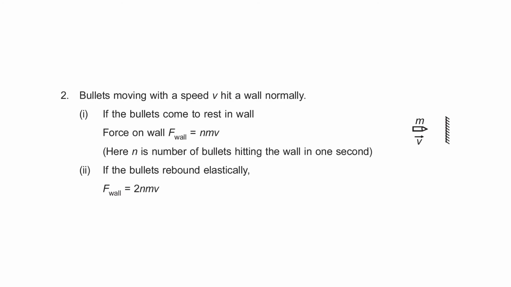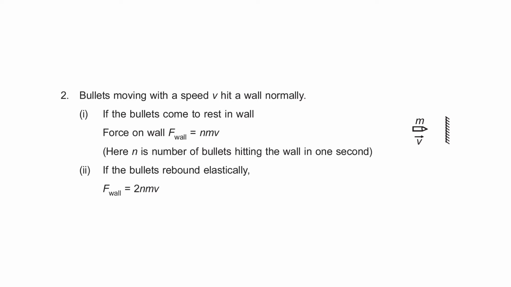Point number 2. Please refer to the image on the screen for point number 2. Bullets moving with a speed v hit a wall normally. Now here in the first case, if the bullets come to rest in the wall, then the force on the wall is equal to nmv.